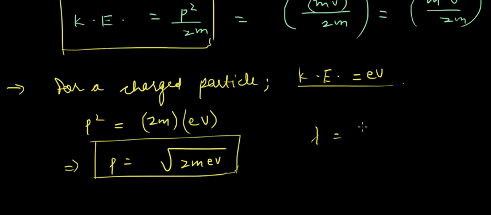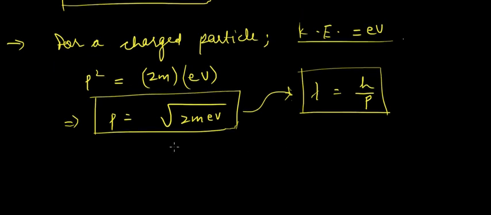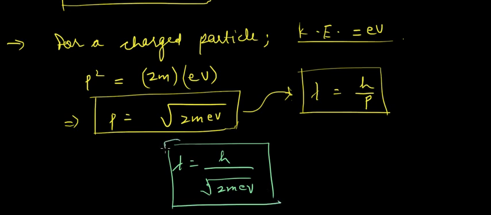Okay, so now again substituting back the value of p in the original equation, lambda equals h upon p, we'll be getting lambda equals h upon root of 2m eV. Okay, so just remember this formula.